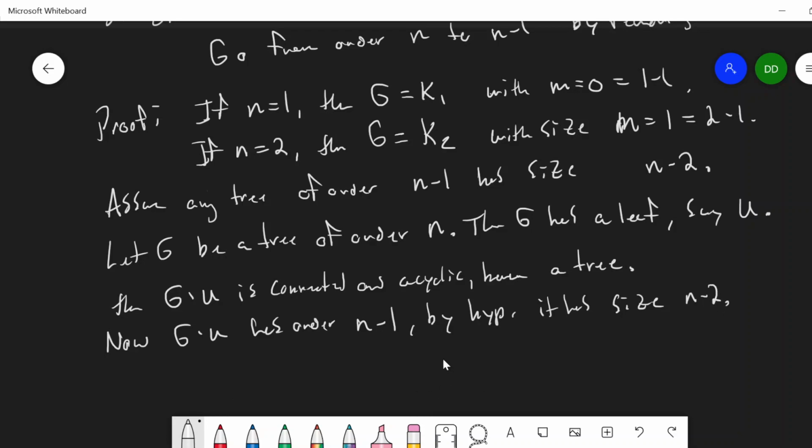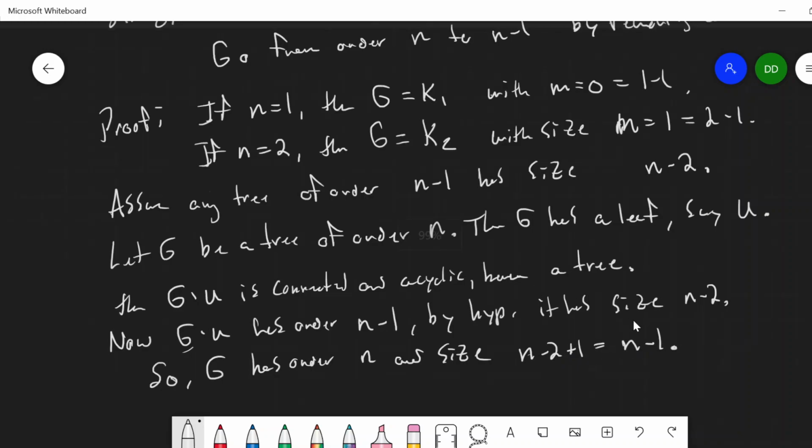So when I removed that leaf, I also removed the one edge that came along with it. So G has order n and size one more than the size of G minus u. n minus 2 plus 1, which is equal to n minus 1. And that proves it.